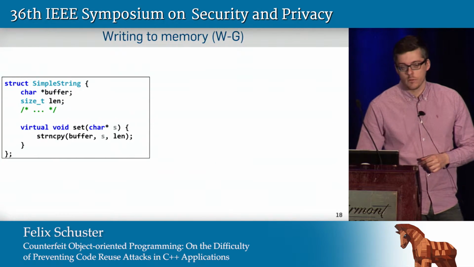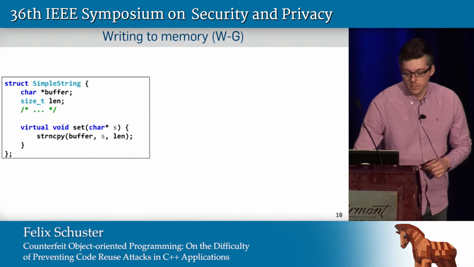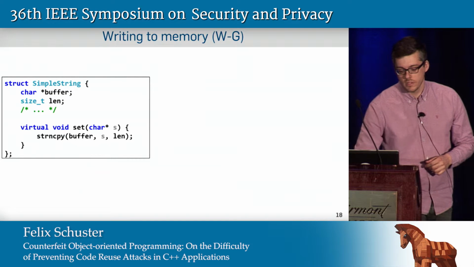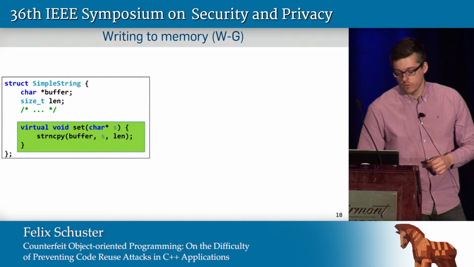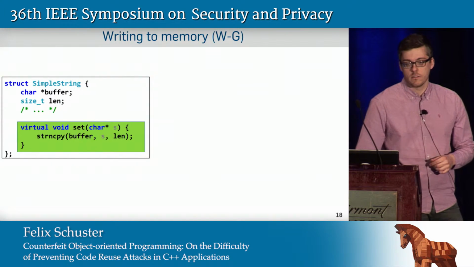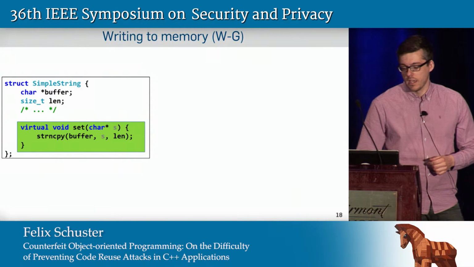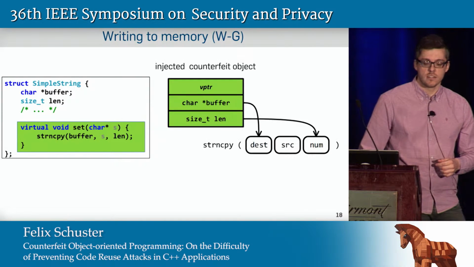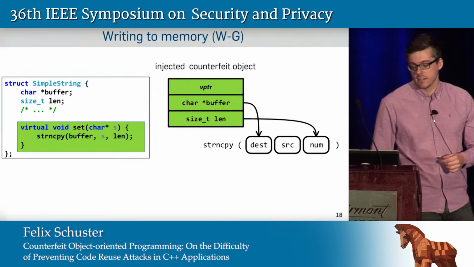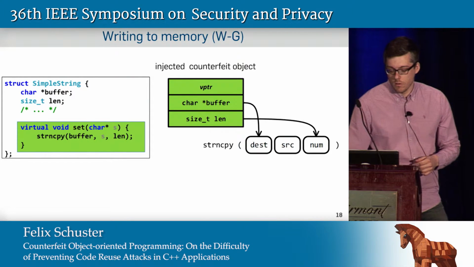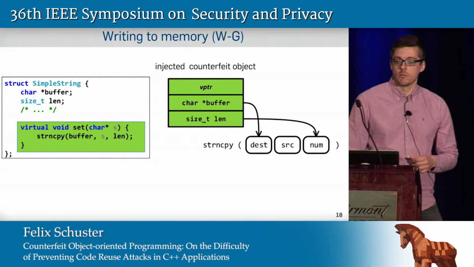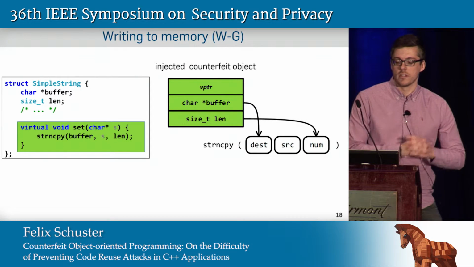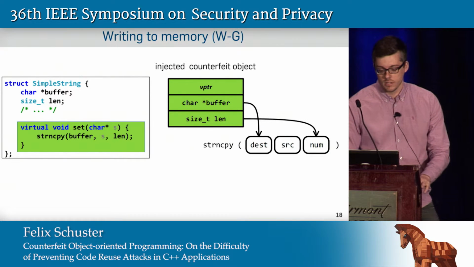And now let's say we want to write some memory. Consider the class SimpleString, and the virtual function set just does a string copy, right? And if we invoke the virtual function set on the counterfeit object that we injected, then we, of course, control buffer, and we can control length. So we can control the destination and the amount of data that's written.